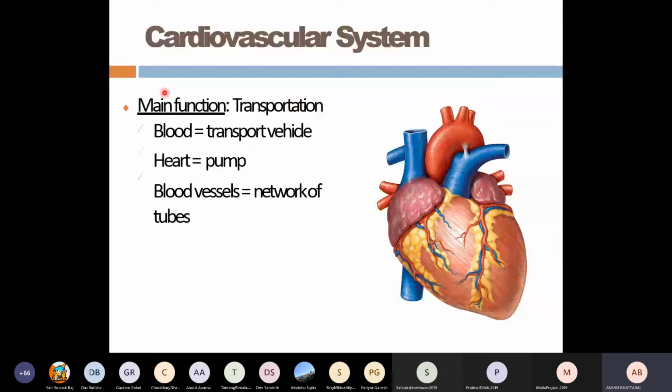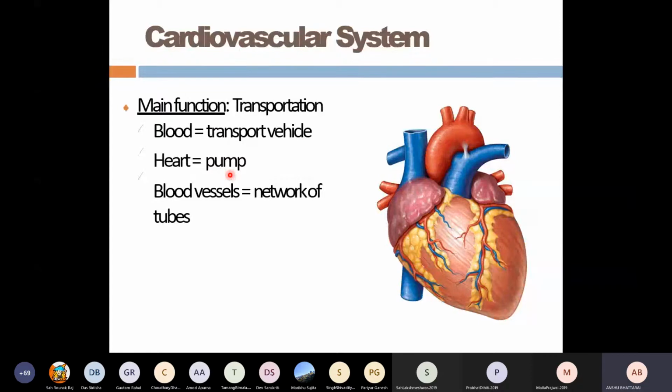So what does this cardiovascular system consist of? The first thing is blood as the transport vehicle. Blood takes up all the nutrients and oxygen, whatever the requirements of the body's tissues are. These are transported via blood. And all of the toxic and metabolic byproducts are also transported via blood. It also consists of the heart, which acts as a pump.